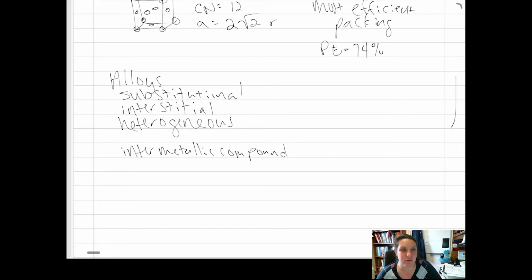So with alloys, you roughly have percentages of different things to produce an alloy. With an intermetallic compound, you have a specific whole number ratio of different atom types. And it is a metallic compound, so it's two metal atoms making a compound type. Okay.